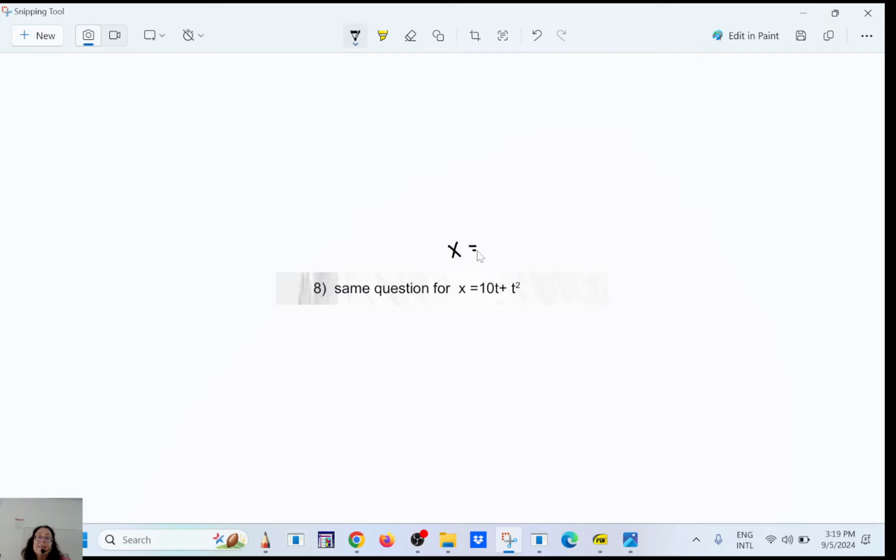So x equals initial position plus initial velocity times t plus one half a t squared, and it's good because we are reviewing math at the same time. So when you see a t squared, the coefficient is the invisible 1.